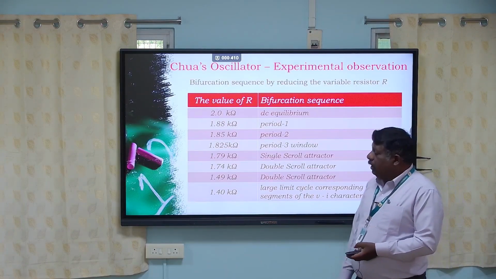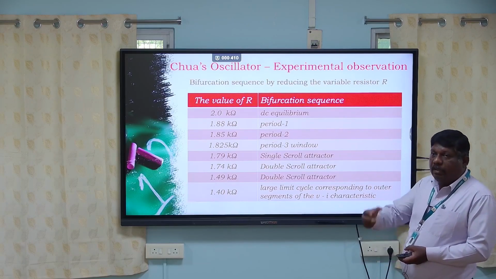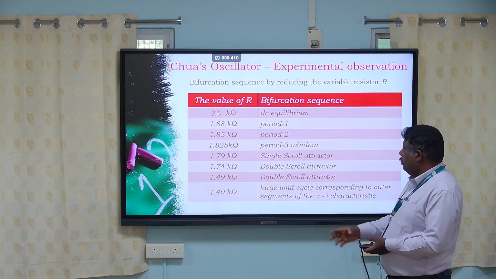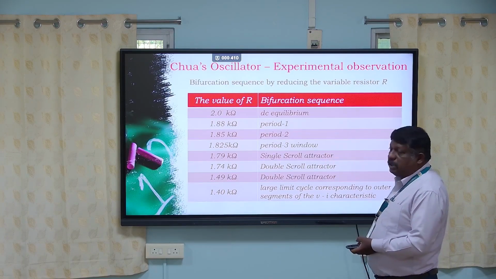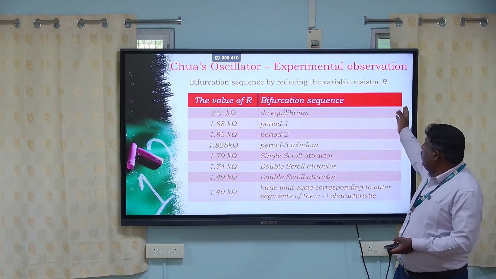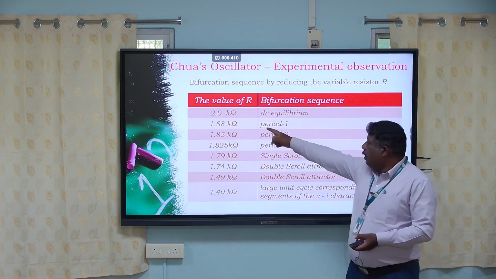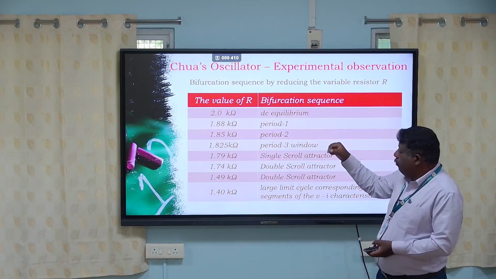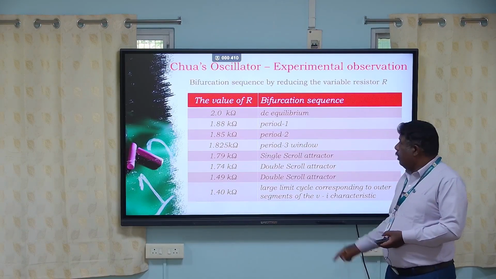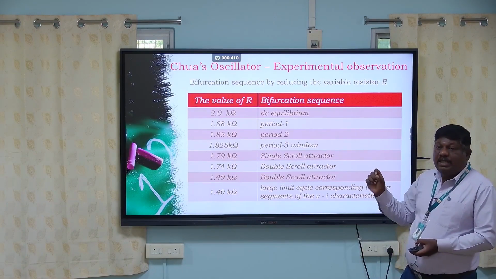So we calculated and observed the R values for the bifurcation sequence by reducing the variable resistor R. When I place a 2K resistor, I am getting the DC equilibrium point.